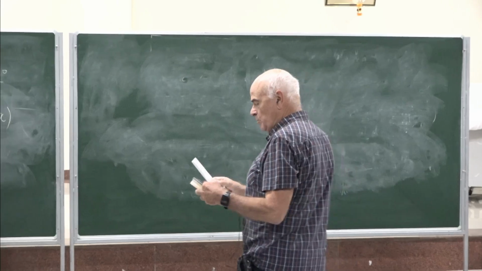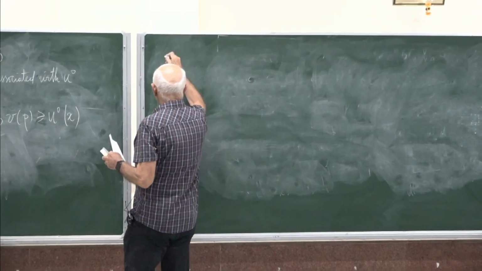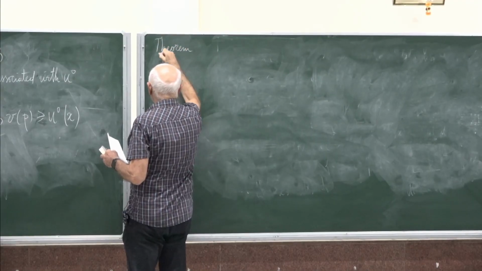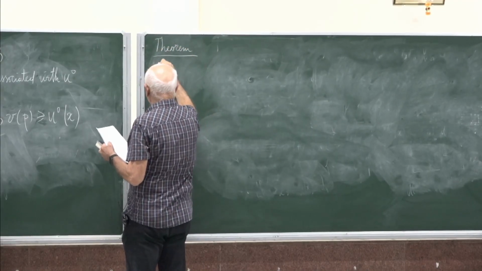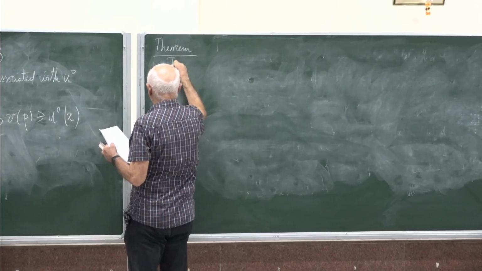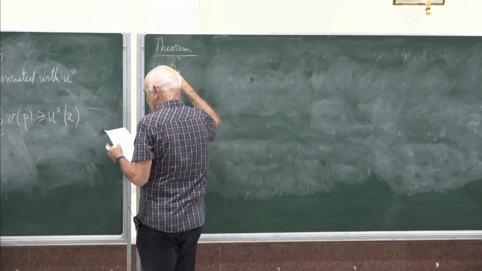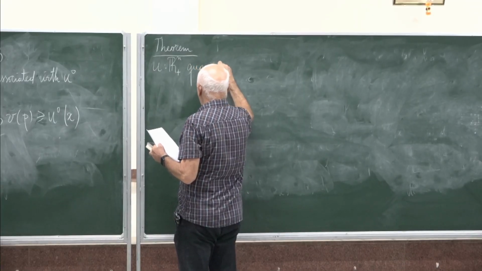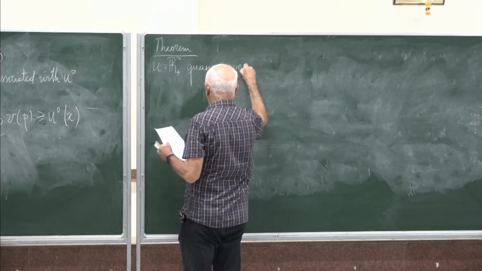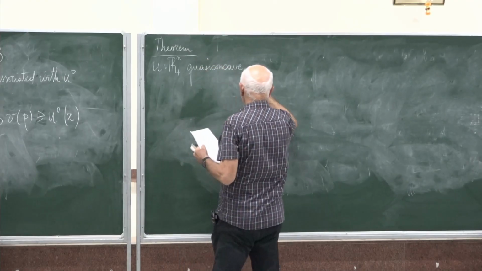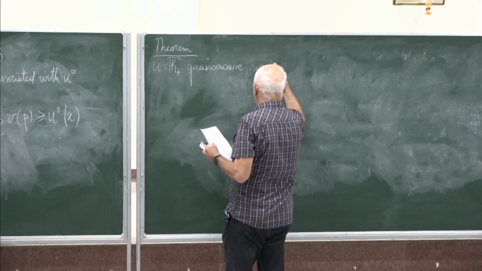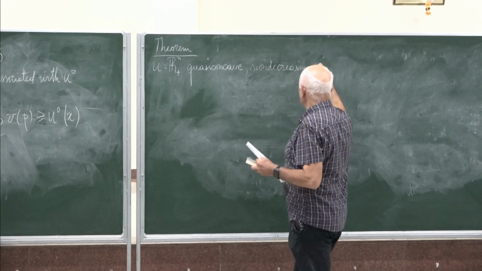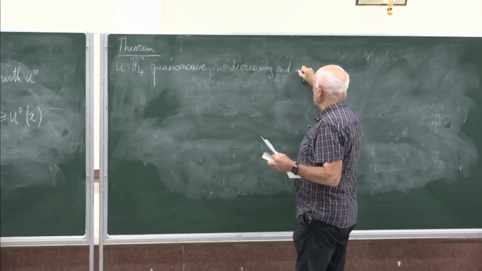The same here. Suppose that, this is a theorem, suppose that your utility function is good, quasi-concave, non-decreasing, and upper semi-continuous.